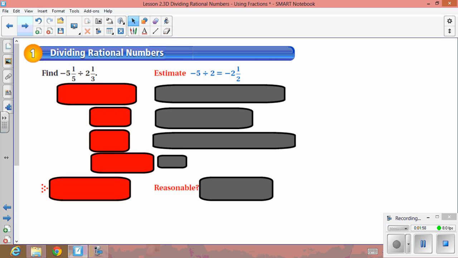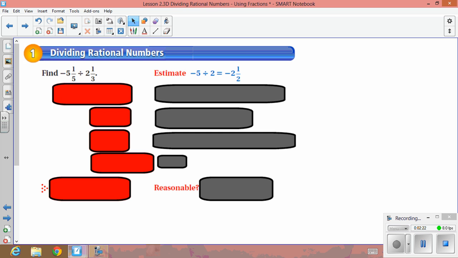Okay, for this next example, we have mixed numbers, and if we take a look at -5 1/5 divided by 2, we see that that estimates to about 2.5 negative. So we're going to find the real solution and then make sure that that's a reasonable answer when we're finished.